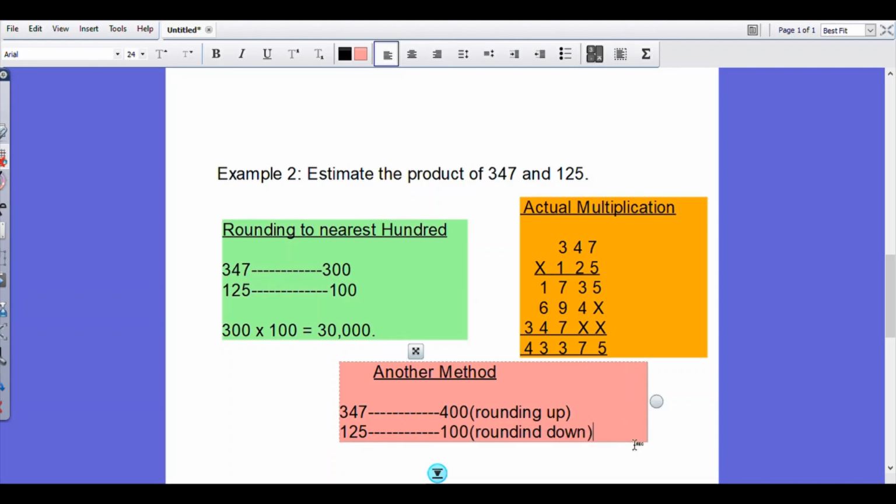Now directly I multiply 400 into 100, which is equal to, yes, 40,000.